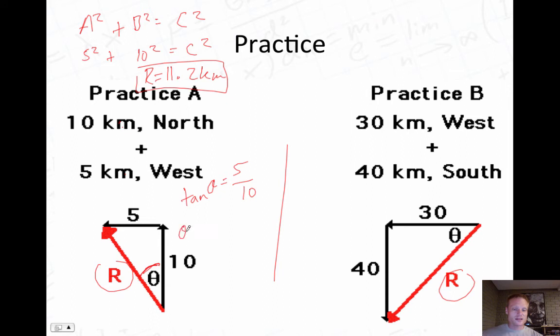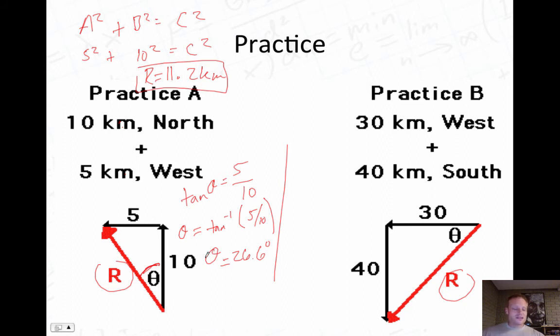Theta equals tangent negative 1 of 5 over 10. On most calculators you push the second button and then tangent. If you do that math, you should get a theta of 26.6 degrees.